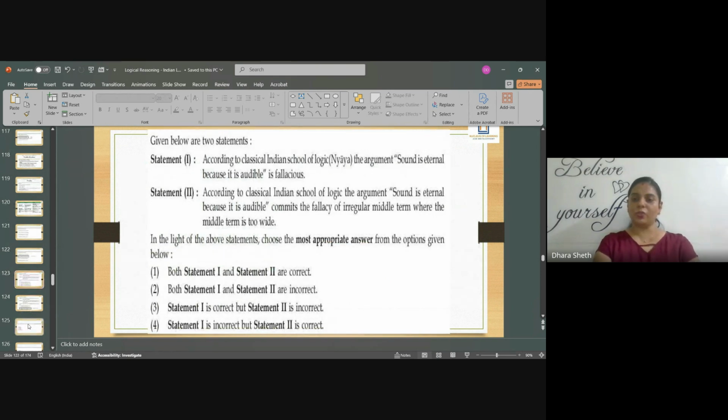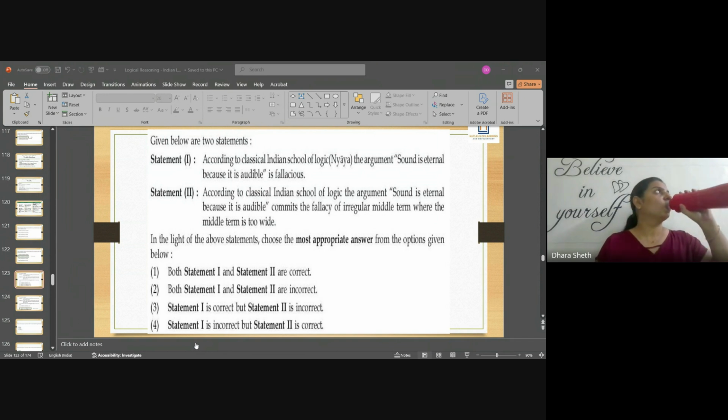Next, according to Indian School of Logic, the argument sound is eternal because it is audible. See, the same statement is being repeated again. According to classical Indian School of Logic, the argument sound is eternal because it is audible is fallacious. It commits the fallacy of irregular middle term where the middle term is too wide. What is true, what is false? Statement 1 is true. It is Viruddha Hetvabhasa.